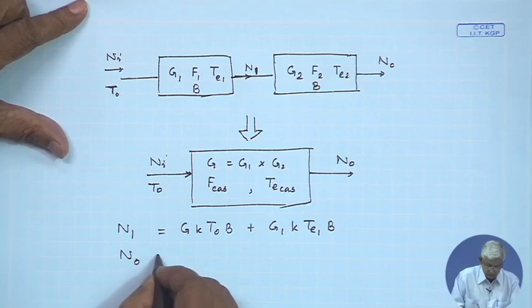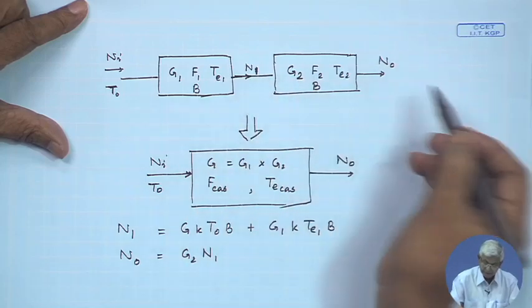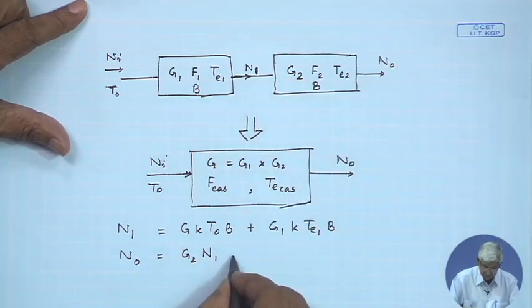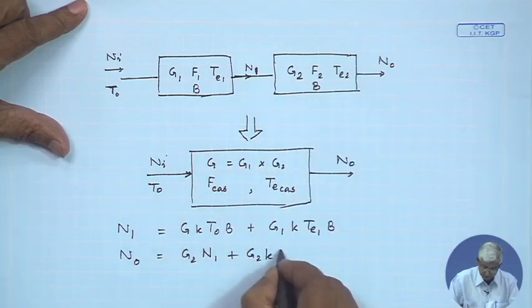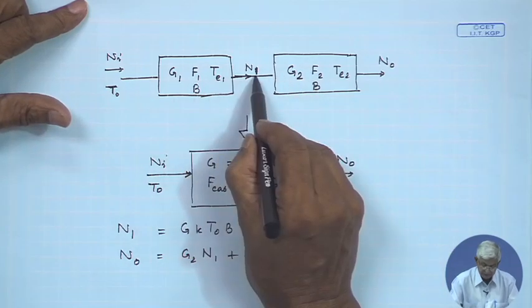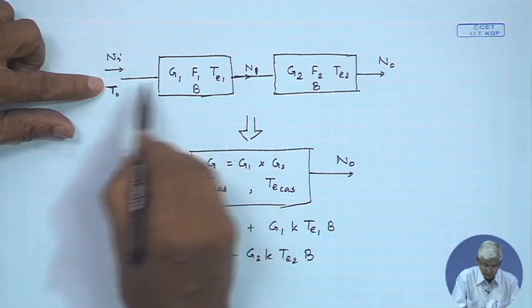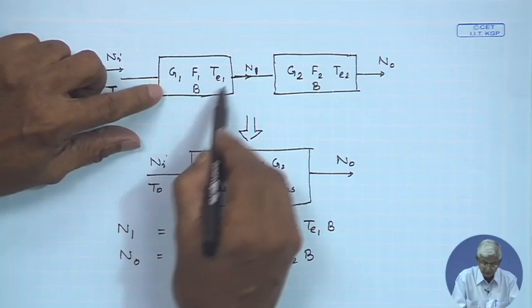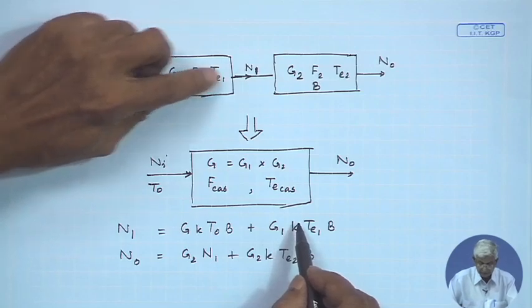Then N0 is N1 multiplied by G2 plus its own, that is G2 K TE2 B. So, this is the output of the first stage, which is the input noise multiplied by G1, and its own noise generated based on effective noise temperature.